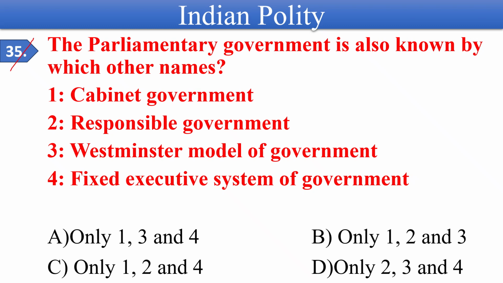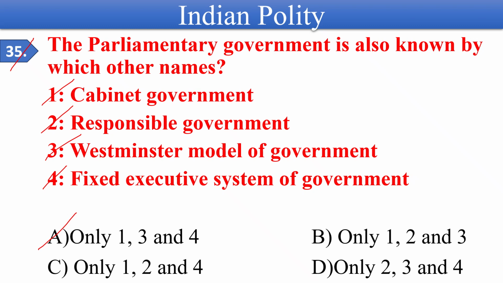Question number 35. The parliamentary government is also known by which other names? 1. Cabinet government. 2. Responsible government. 3. Westminster model of government. 4. Fixed executive system of government.